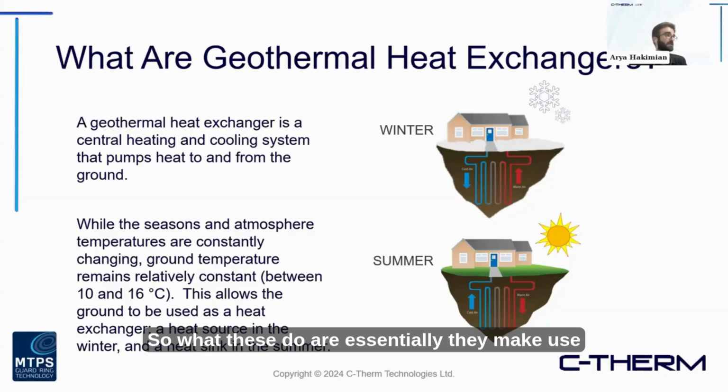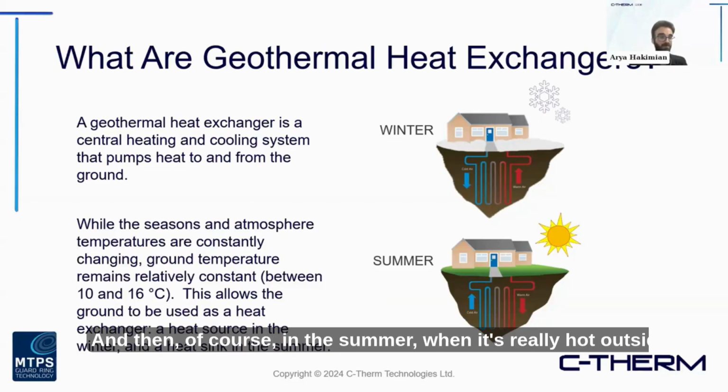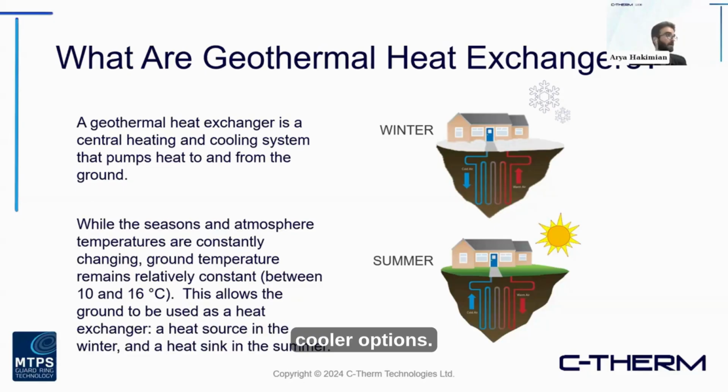So what these do is essentially, they make use of the inherent temperature differences that occur during winter and summer. So in the winter, they're using the warm energy, the heat thermal energy that is available to heat up the buildings and houses. And then, of course, in the summer, when it's really hot outside, kind of switching that and looking to use some of the cooler options.